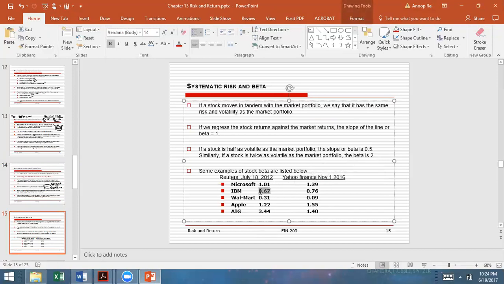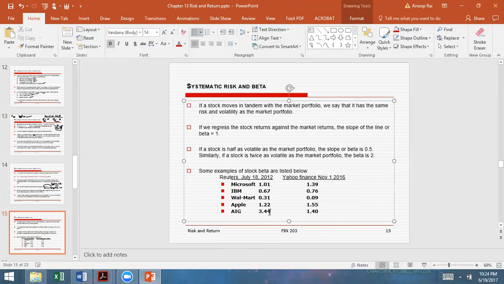IBM, on the other hand, has always remained a low risk portfolio, 0.67 and 0.76. Walmart is also very low, 0.35 and 0.09. Apple, much as it's a valued stock, has been quite risky, above 1, 1.22 and 1.55.